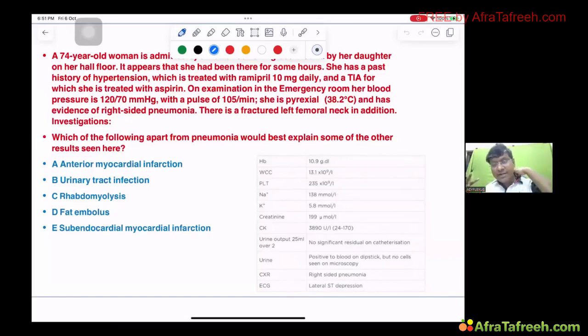In anterior myocardial infarction, V1 to V4 ST segment elevation should be there. ST segment depression in the lateral leads is not suggestive of anterior myocardial infarction. So your A is incorrect. What is the correct answer there? It is your CK. That is your C, rhabdomyolysis. All right. Okay. Next.